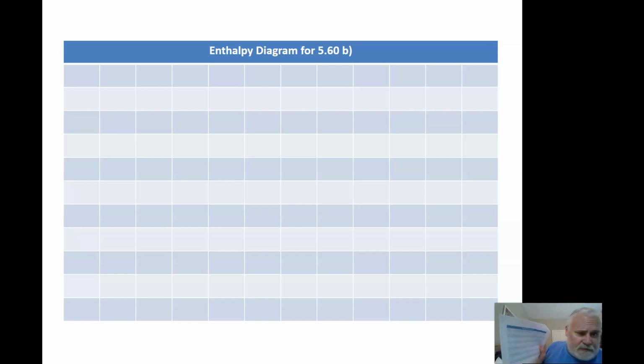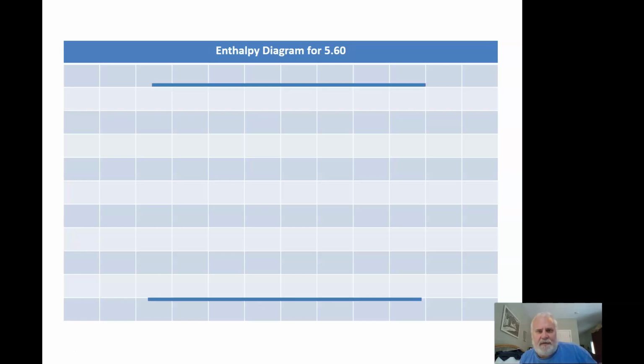I don't think yours is probably color, unless Dr. Sorman printed them that way for you. Anyway, we're now at 5.6b, and it's just a table that we're going to use to make a graph. And again, some colored markers or crayons might be helpful here so that you can see these lines.